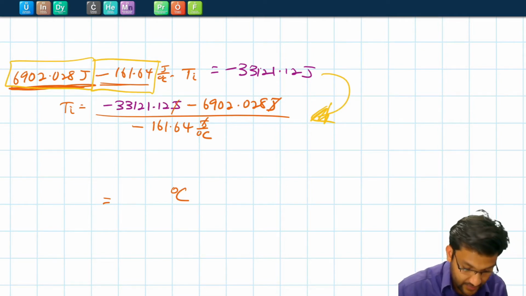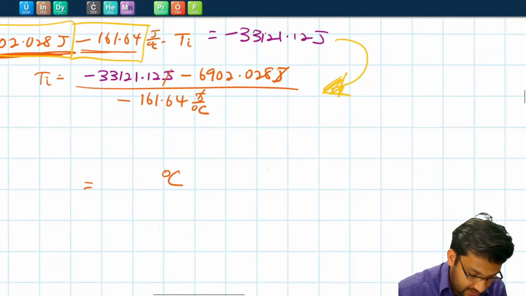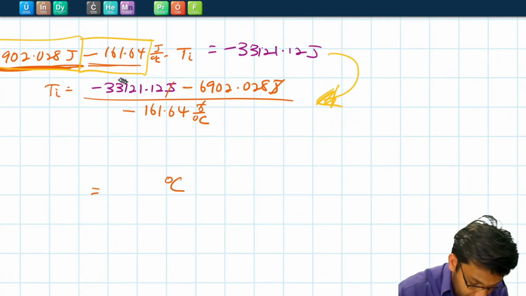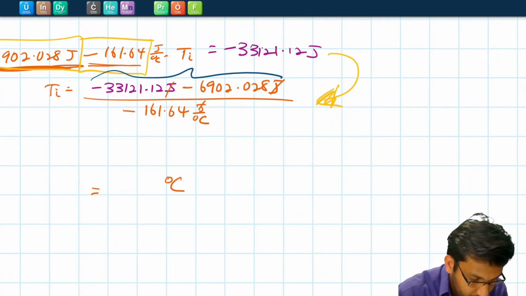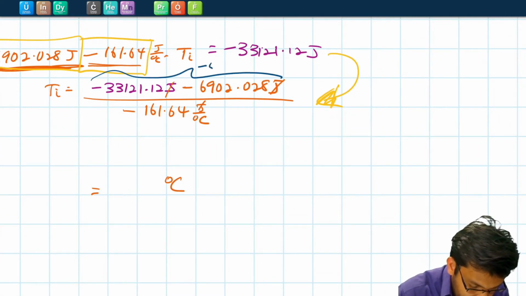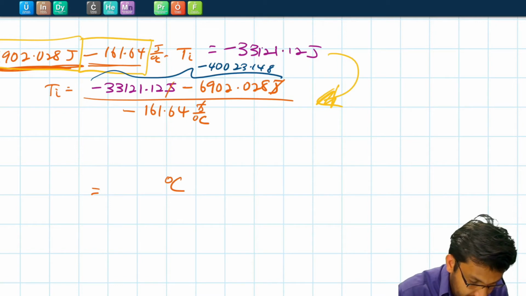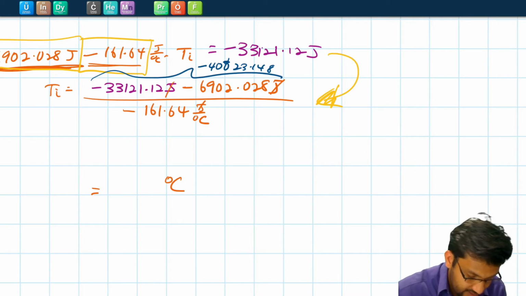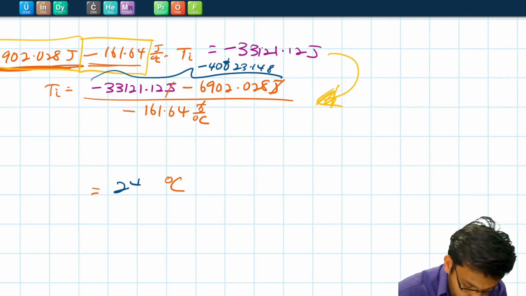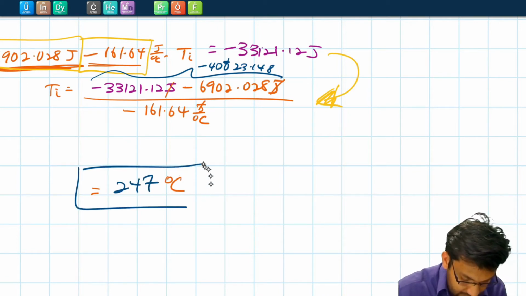And so if I punch in the numbers, let's say on top here first, I get something like minus 40023.148, but this answer should be to 3 significant figures, right? And then on the bottom here, we divide that by negative 161.64, and the entire answer comes out to be 247 to 3 sig figs degrees Celsius.